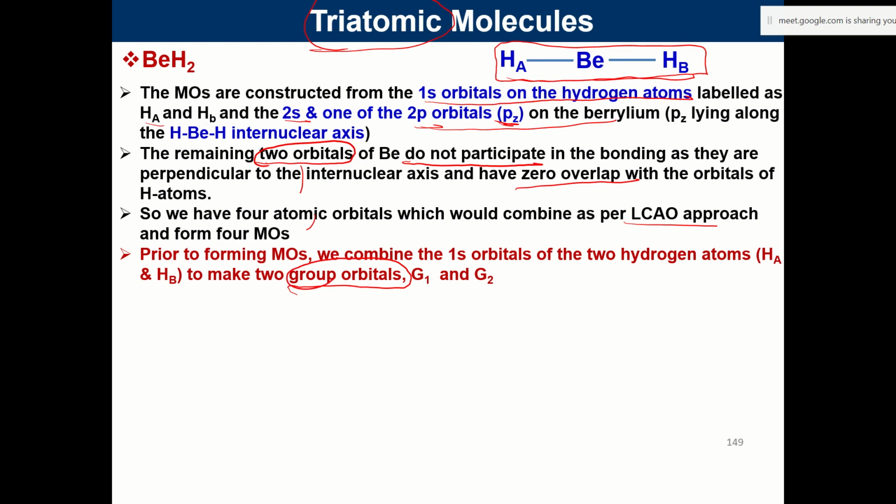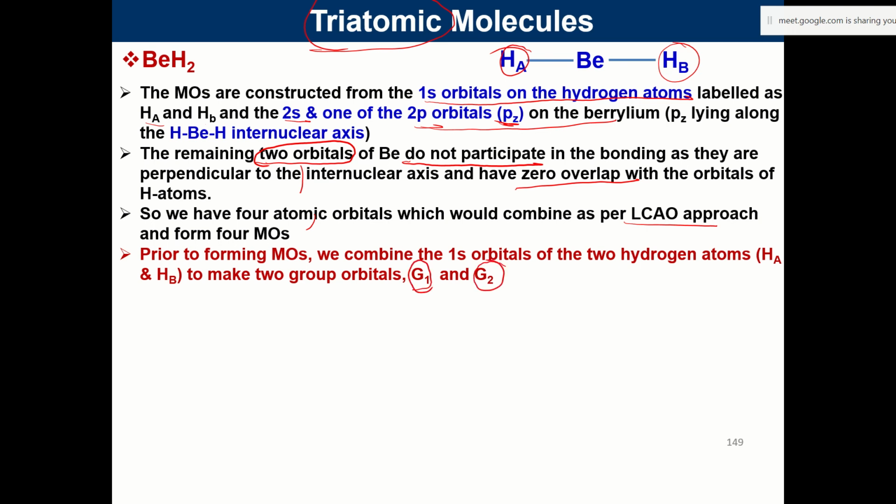The approach will be similar to what we have been doing, like S and S combination, S and P combinations like that. So how do we do the groupings? The two hydrogen atoms, A and B, are going to make two group orbitals out of the constructive and destructive interference. The two group orbitals will be labeled as G1 and G2.